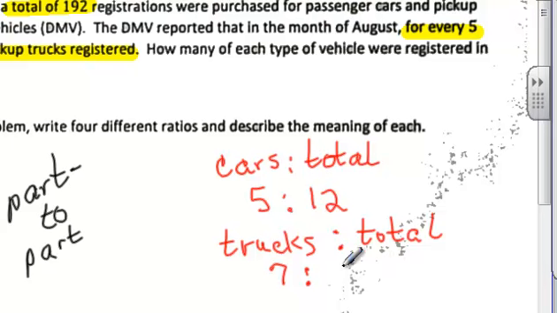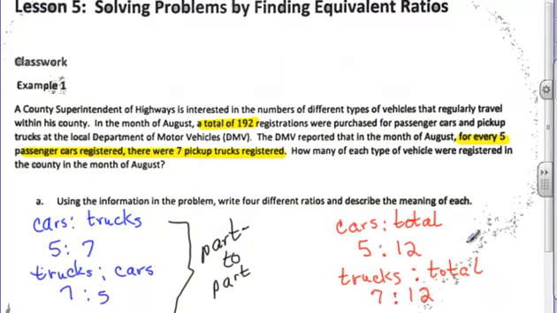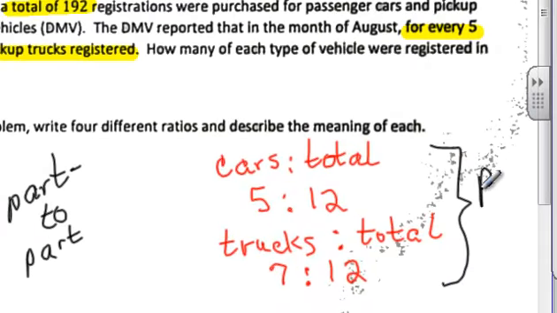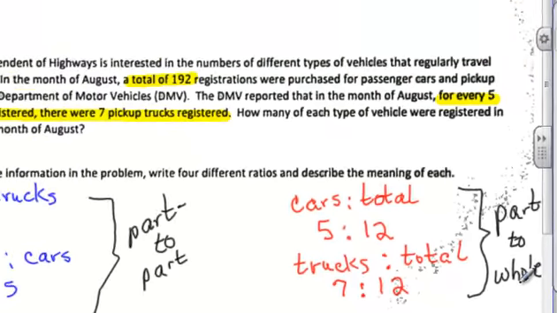In our ratio, 7 plus 5 is 12, so 7 to 12. Well, the meaning of this is we're taking a part of the total number of vehicles and we're comparing it to the total. So we call that a part to whole. Part to total or part to whole. That's the meaning of those ratios.